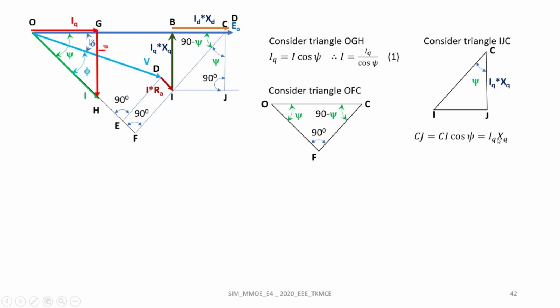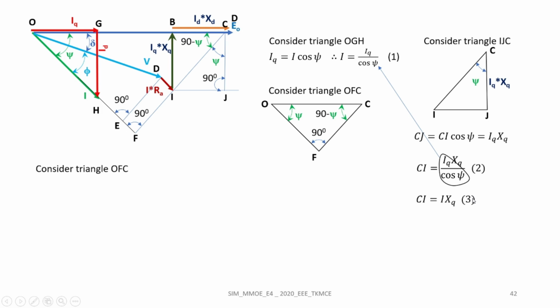So CI is equal to IQSQ by cos psi. Let it be equation number 2. Equation number 1 is I is equal to IQ by cos psi. And equation number 2 is CI is equal to IQSQ by cos psi. So CI can be written as ISQ, that is equation number 3.